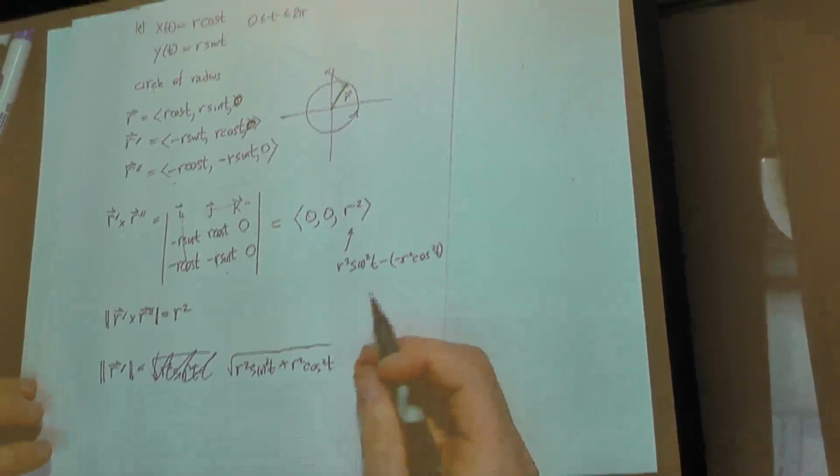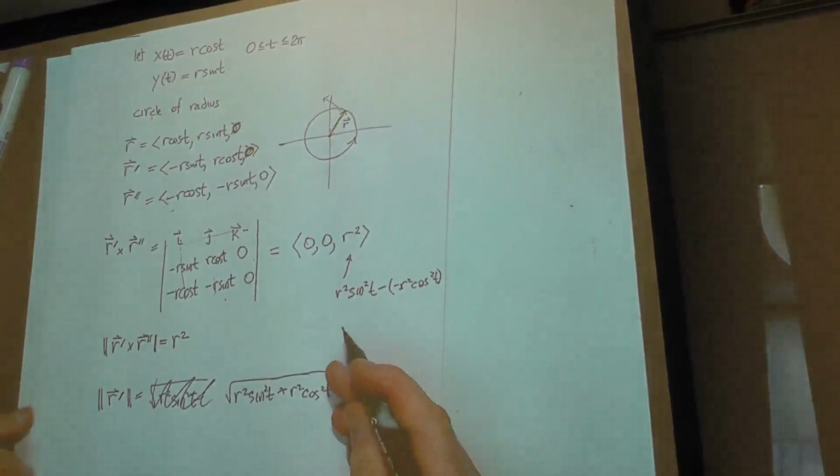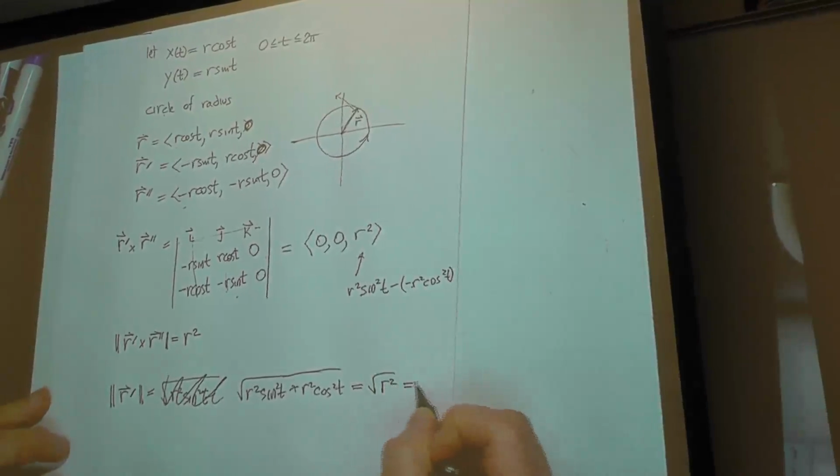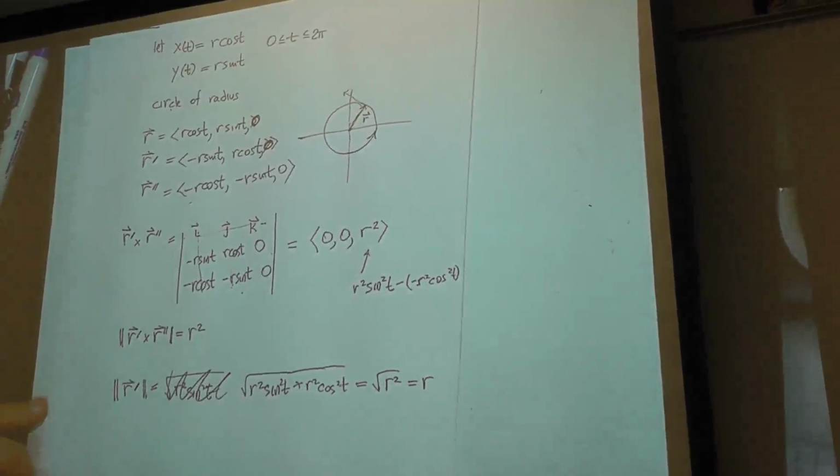Sine squared plus cosine squared is 1, so square root of r squared, or r.